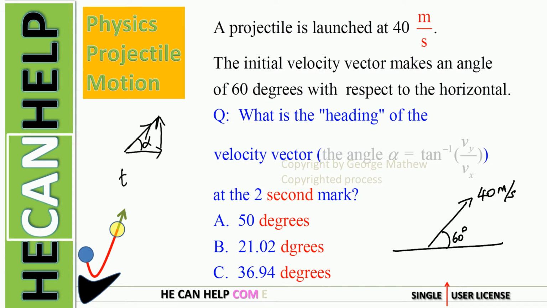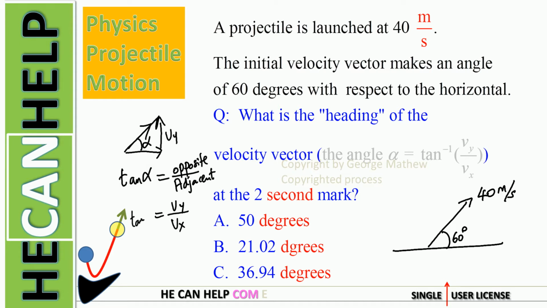So what is tan alpha? Tan alpha is the opposite side to alpha divided by the adjacent side to alpha. The opposite side is Vy, the y component of the velocity vector at t equals 2 seconds. The adjacent side is the x component, the horizontal component of the velocity vector at t equals 2 seconds.